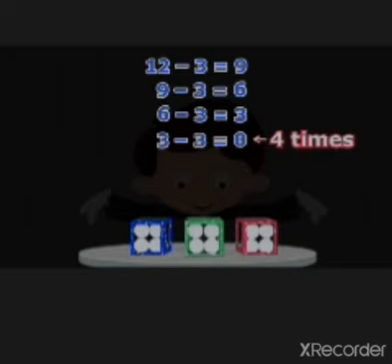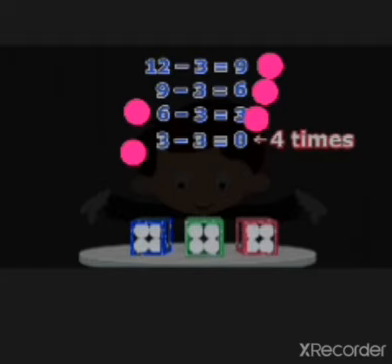You can see, first of all, we distributed 3 balls into all boxes. Then I again distributed 3 balls from these 9 balls. Then I was left with 6. I distributed 3 balls more from the 6 balls. Then I was left with 3. When I distributed 3 balls again from these 3 balls, I was left with 0. There was no ball with me, and my division, or my distribution, has completed.